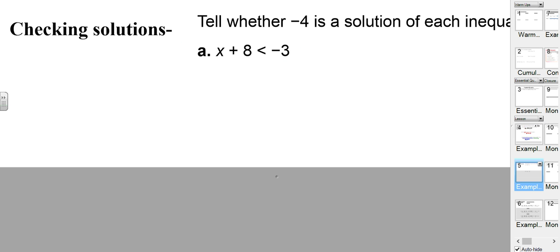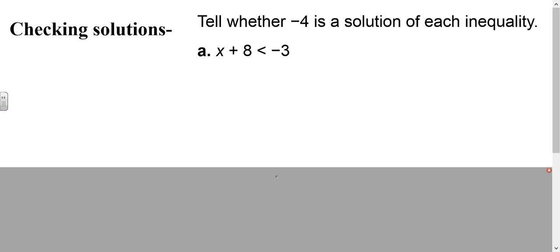All right, now what about when we are checking solutions? Let's say we want to know whether negative 4 is a solution to each of these inequalities. When you think back to when we were solving equations in the last unit, how do we tell if something is a solution? Or when we get the solution, how do we check to see that it actually is the solution? You have to plug it in for the variable.